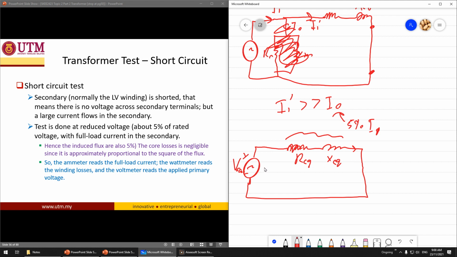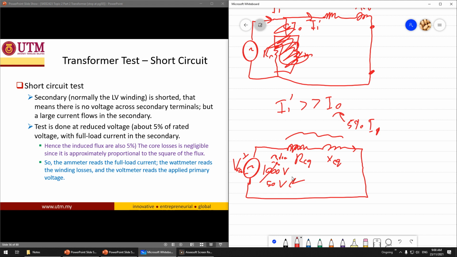It means that if you would connect this to 1000 volt, you have to reduce it to only 50 volt. So for the short circuit test, you have to reduce the input voltage.